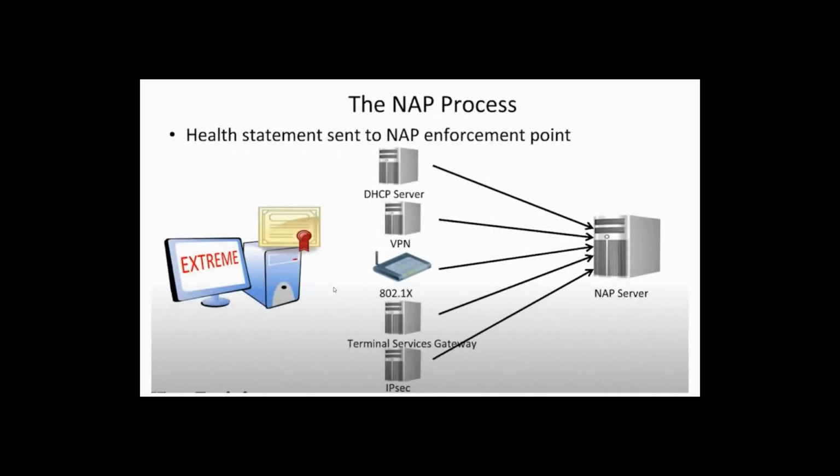Here in that figure, I do have some of the enforcement points, and to be honest, these are the 5 enforcement points that we could have in the NAP process.